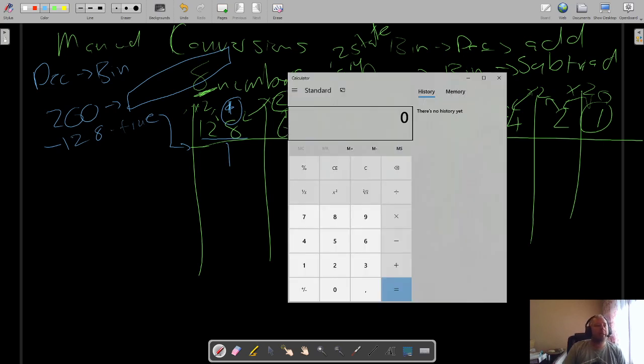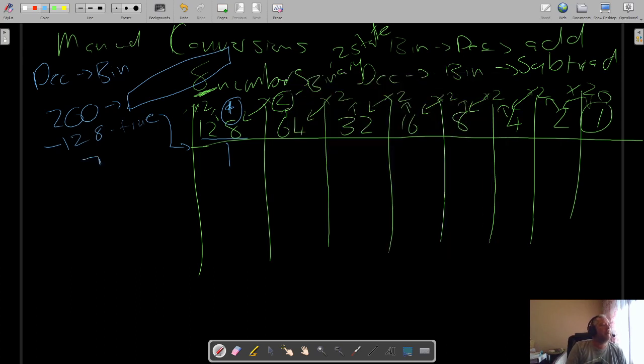And then because I'm lazy, we take our calculator and we say 200 minus 128, and we end up with 72. Then we go to the next number. Can I take 64 and subtract it from 72? So can I go 72 minus 64?